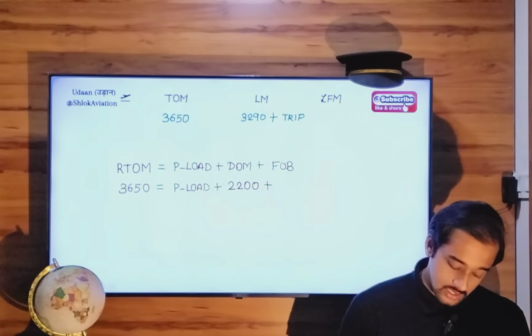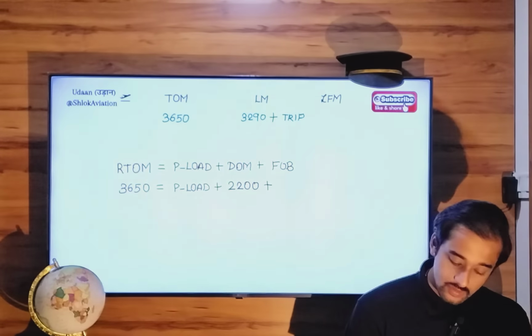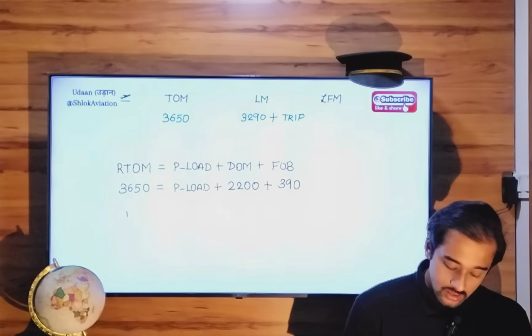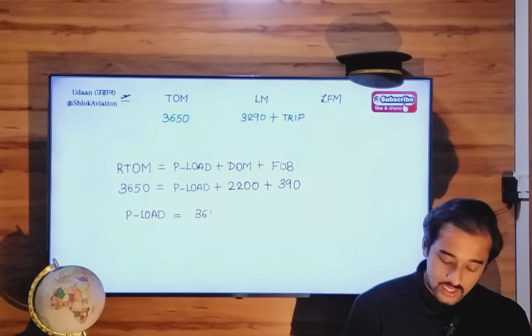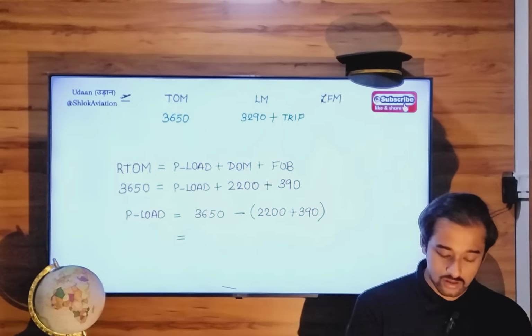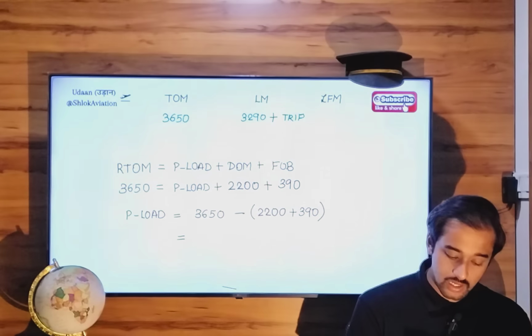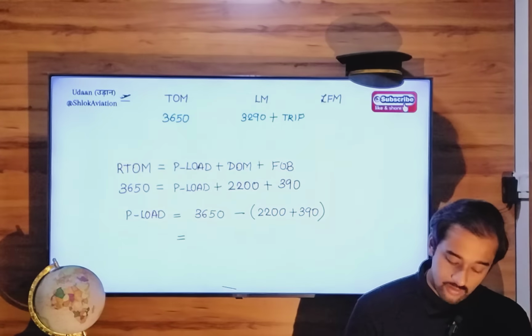Fuel on board is 390. So payload will be equal to 3650 minus 2200 plus 390. 2200 plus 390 is 2590.